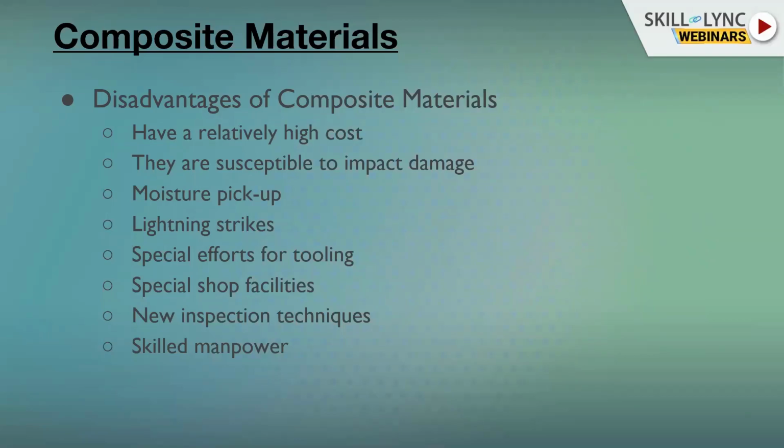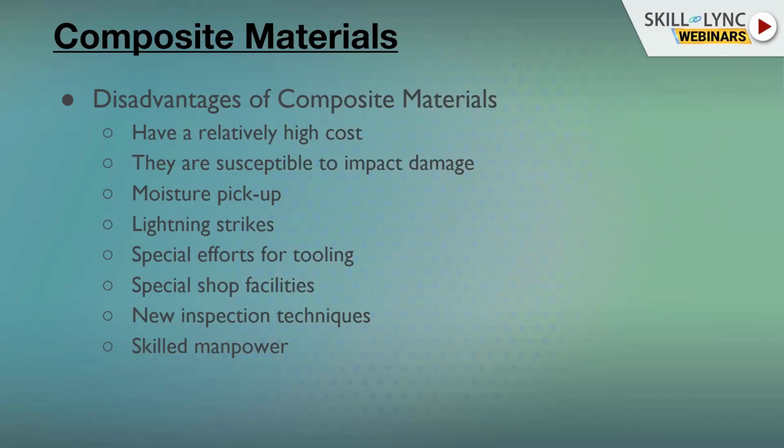And the next phenomenon is lightning strike. When there is a thunderstorm, we have seen a lot of times there's a lightning strike, and a huge amount of energy is impacted on a particular, say in this case, a composite panel. Since the panel is non-conductive and it is not able to dissipate the energy, the lightning strike energy is converted into heat and it burns off the top of the composite panel.